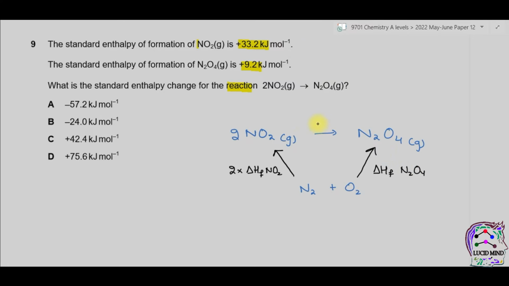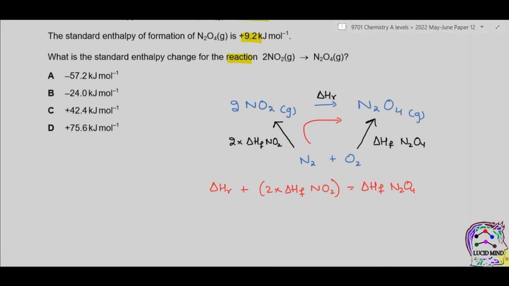Now this equation represents the enthalpy change of reaction, the thing that we have to find. Let's draw a cycle. For this one we know this is 2 steps and this is 1 step. So according to Hess's law, these two combine together to give this. So we have enthalpy change of reaction plus 2 into enthalpy change of formation of NO2 is equal to enthalpy change of formation of N2O4.